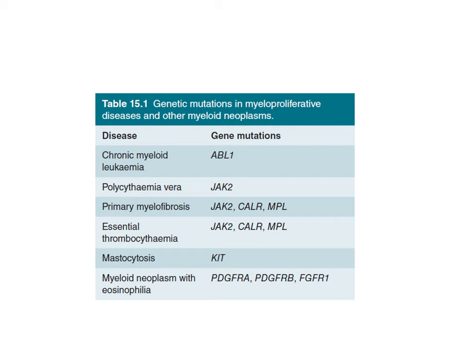All these are included as myeloproliferative disorders. In polycythemia vera, primary myelofibrosis and essential thrombocythemia, the main mutation is JAK2. Mastocytosis and myeloid neoplasm with eosinophilia are not in your book, so no need to memorize these.